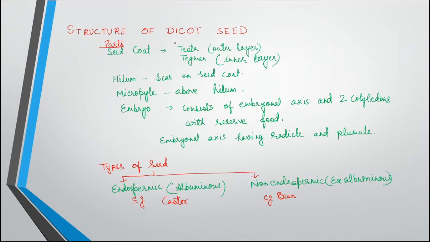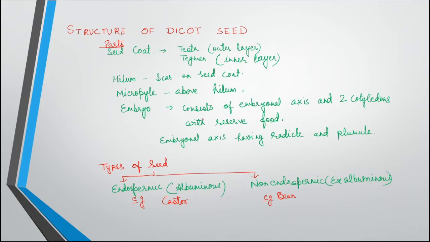Now parts of this dicot seed: the seed coat, which has two layers, outer testa and inner tegmen. On the seed coat, there is a location known as hilum, which is the scar. Just above the hilum, the portion is known as micropyle.